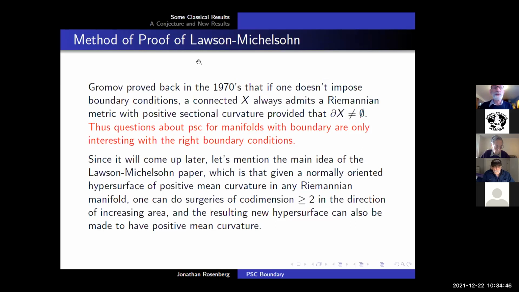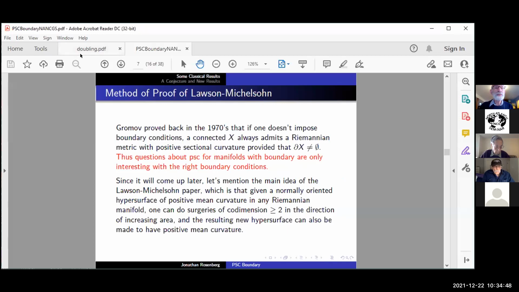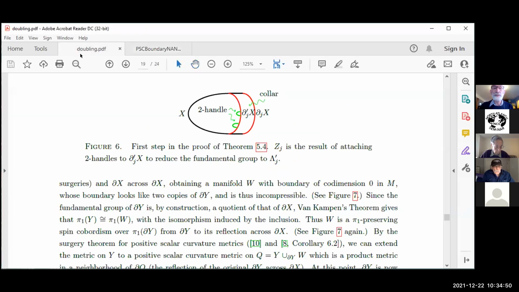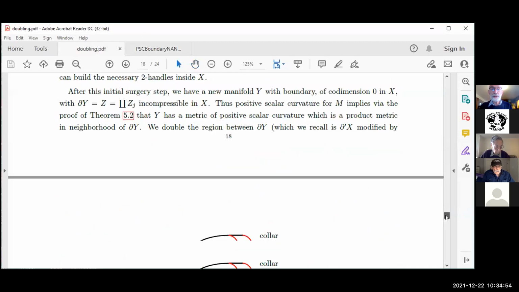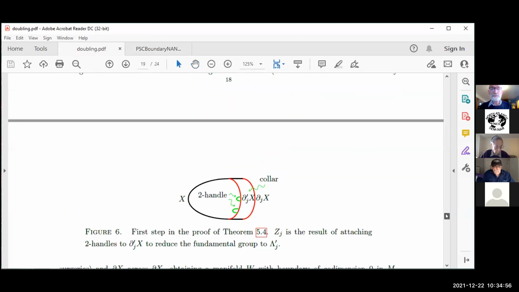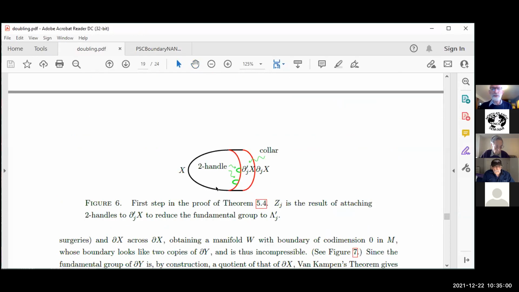switch to another screen here. All right, so here's another picture. This is the picture of what goes on in the proof. So basically, what we're going to do is the following. Let's say here's a picture of X, and this is a component of the boundary. So we take a sort of parallel copy of the boundary right inside over here.